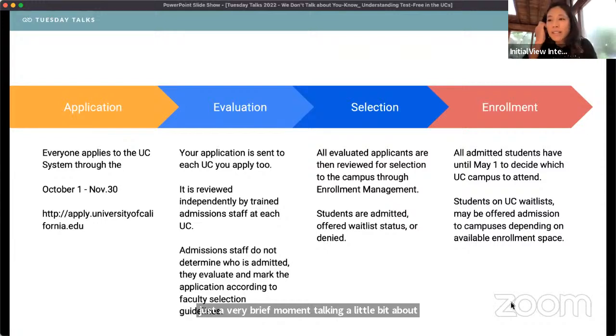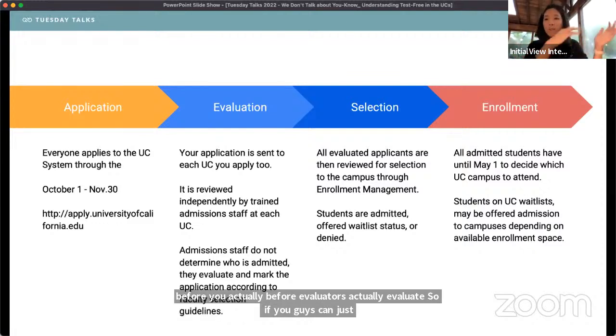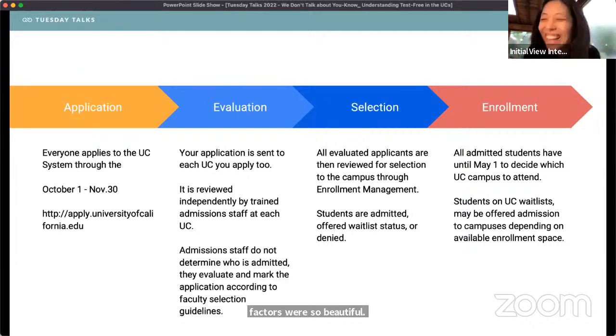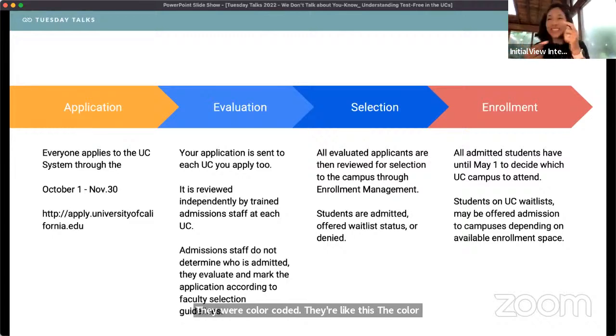Big difference. Awesome. Okay, I do want to spend a very brief moment talking about what review looks like for you all, because as we mentioned earlier, there's processing that happens before evaluators actually evaluate. Can you talk briefly about how the pipeline and the funnel work? Earlier, people asked whether the color coding of the 13 factors means anything, like is one more important, do you look at it first, second, or third?